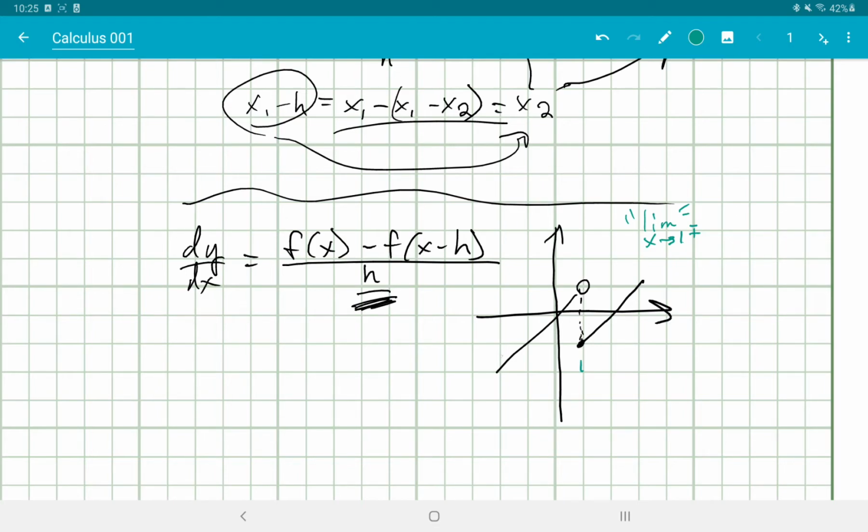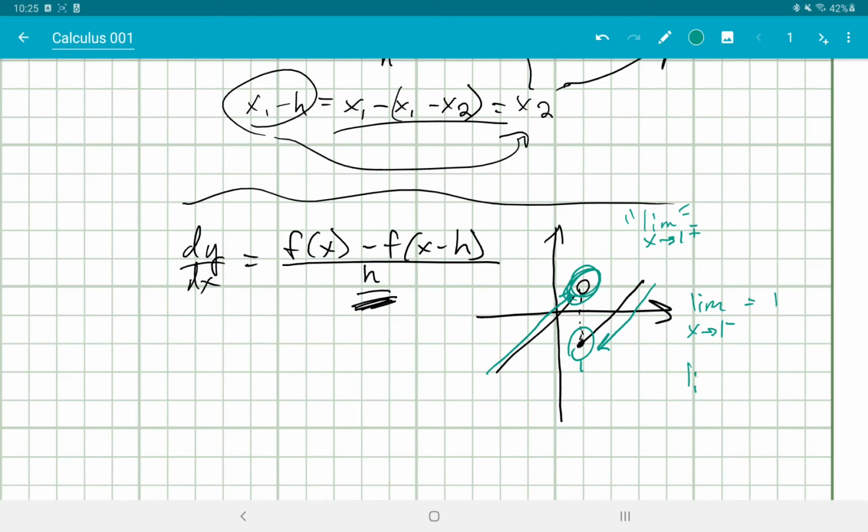So as we approach from the left, where's it going? It's going here, 1. So the limit as x approaches 1 from the left is 1. And down here, if we come from the right, you notice it's this.